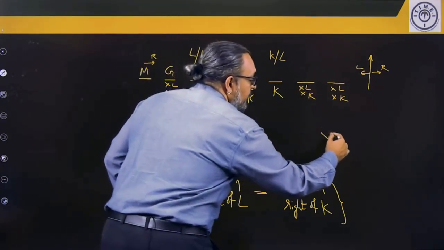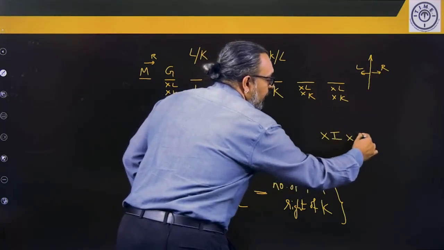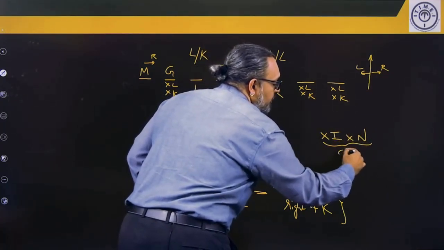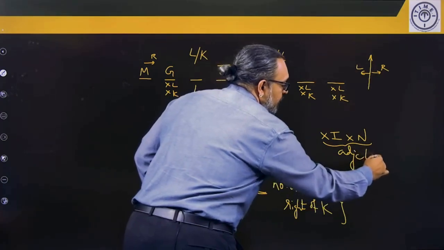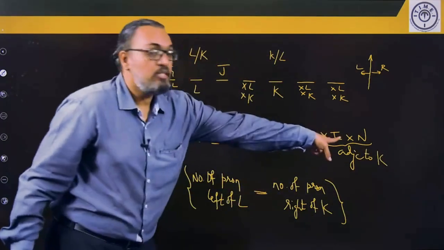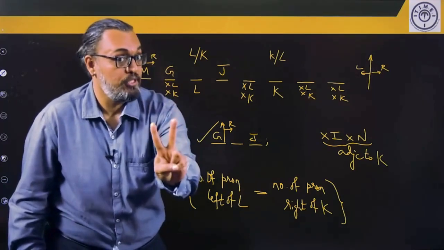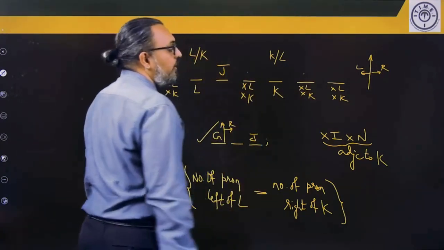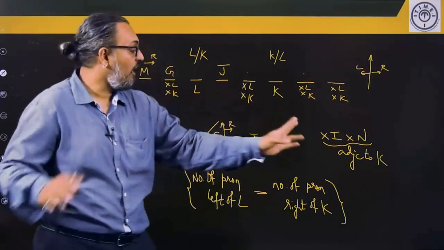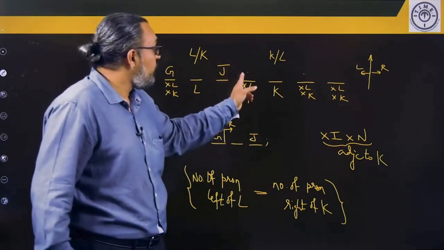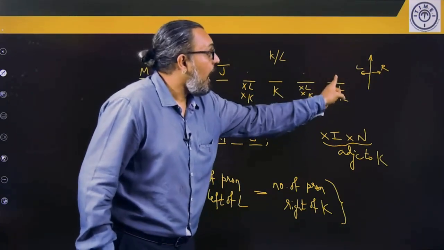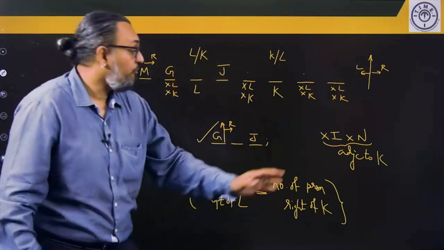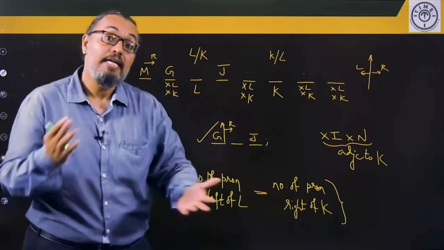Now he says neither I nor N should be adjacent to K. That means because I have two different people, I need two positions. If I put K here, then these two positions that I have here and here that are adjacent to K, you cannot have I and N. That means out of three available positions, the last position is the only position where now I have to fix I and N. Is it possible?